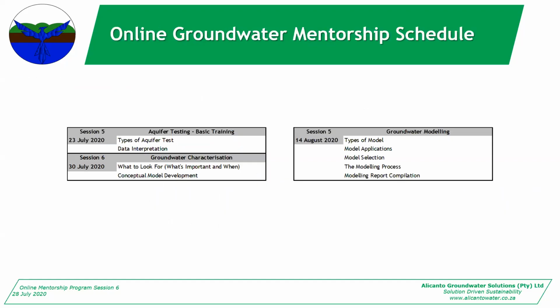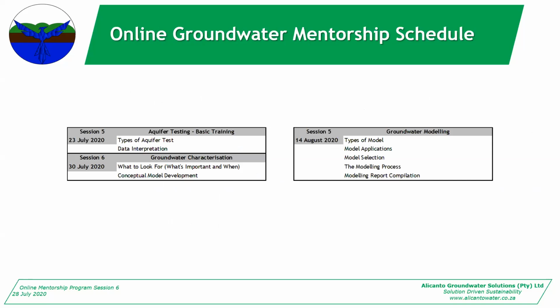In terms of the schedule, today we're doing the aquifer testing. We're extending on the sustainable yield, which we didn't do last time. So session 6 on this slide will become session 7, which will be on Thursday. That'll be the groundwater characterization, what to look for, what's important and when it's important, in terms of what kind of project you're doing.